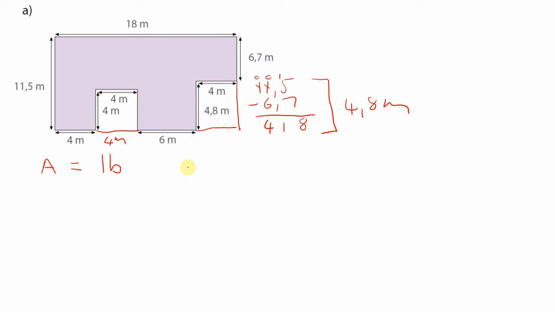And then what I'm going to do is I'm going to subtract the gaps, okay, because we want the area without the gaps. So I'm just going to subtract the gaps. So here we have 4 by 4 by 4, so it's a square. So I'm going to subtract length squared or side squared.